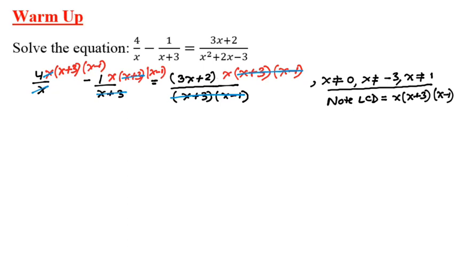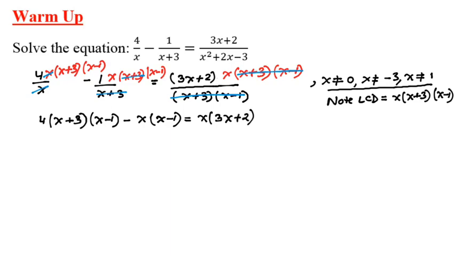So the remaining thing is 4 times x plus 3 times x minus 1 minus x times x minus 1 equal to x times 3x plus 2.